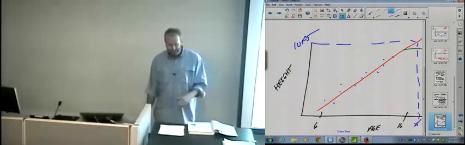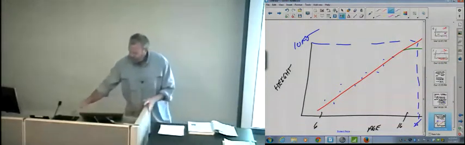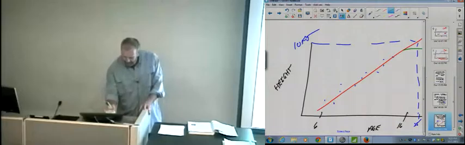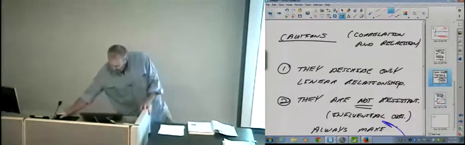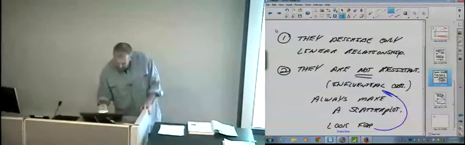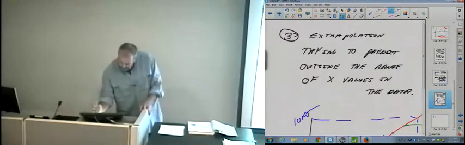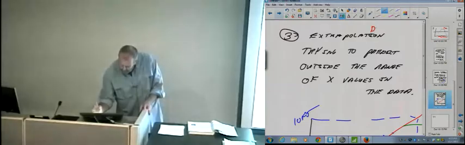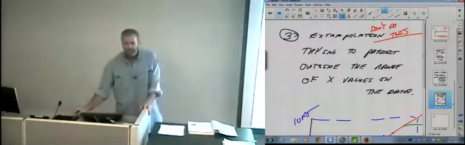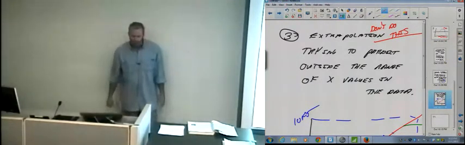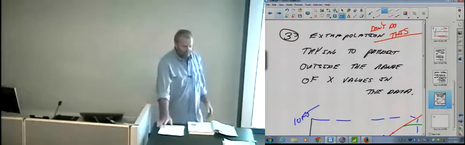Okay? Don't do this. We don't extrapolate. We don't go outside those range of X values.